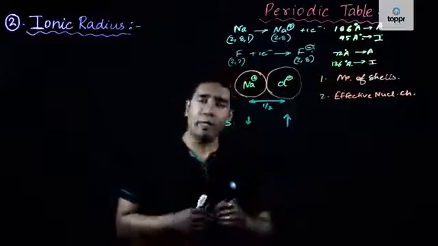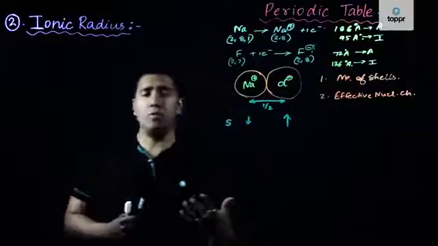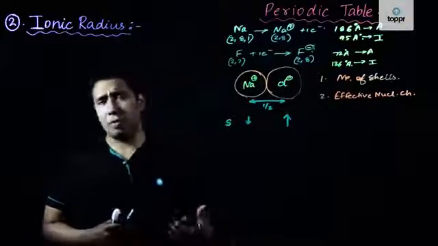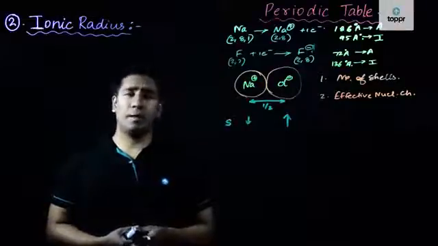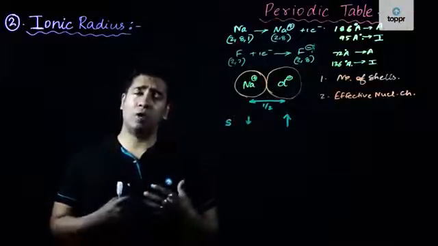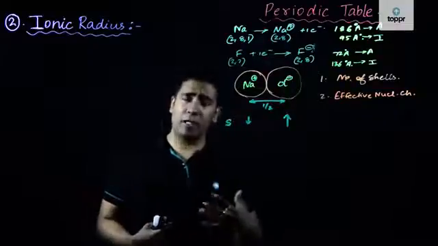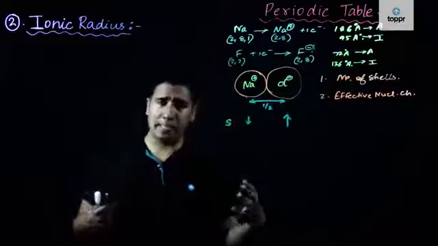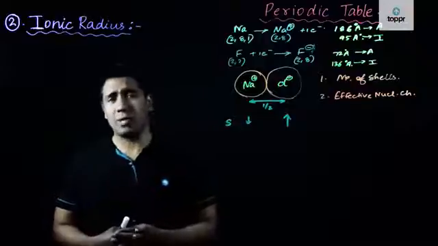Now, effective nuclear charge basically means the amount of nuclear charge per electron, which means that if the nuclear charge is distributed among a larger number of electrons, then we say that the effective nuclear charge has decreased, and hence the decrease in atomic size, which should have been there, will not be as much as expected.